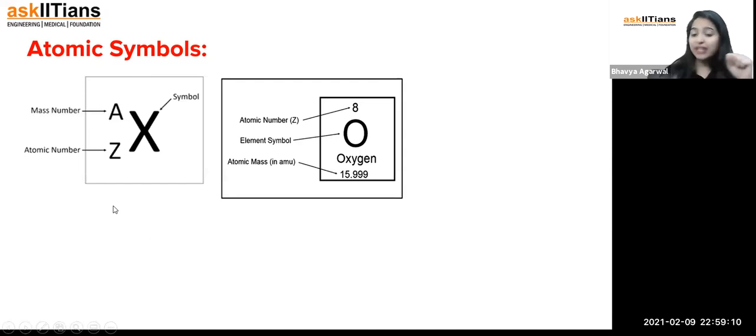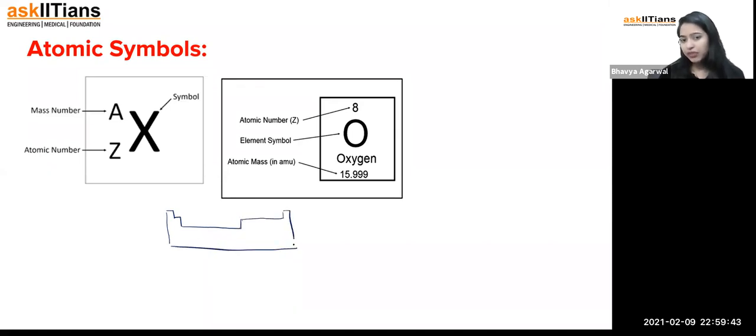Now, whenever we have these atoms, we can represent them in a particular manner. What is the manner? Many of you might have seen a particular chart known as the modern periodic table, which looks something like this.